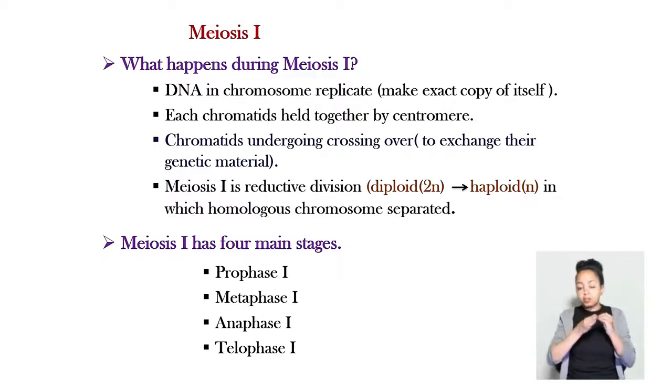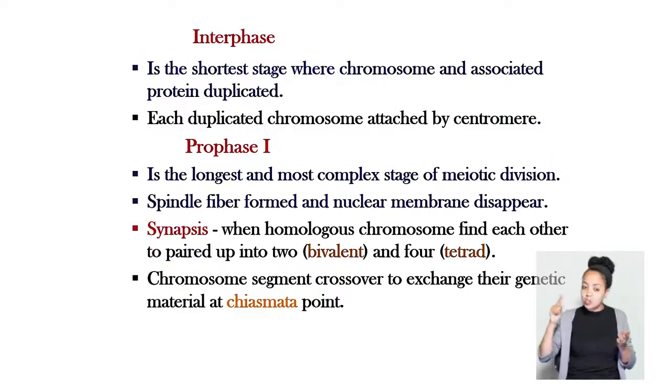There are 4 consecutive stages in meiosis I cell division: prophase I, metaphase I, anaphase I, and telophase I. Meiosis I begins with interphase.